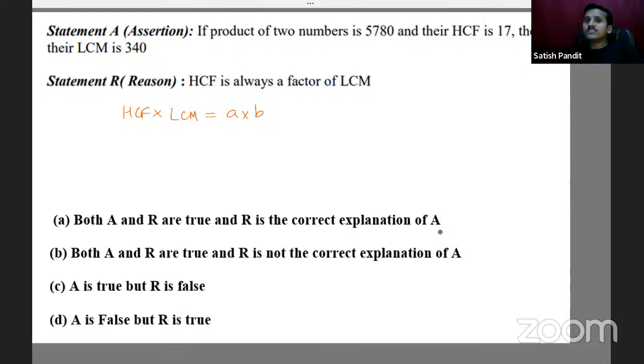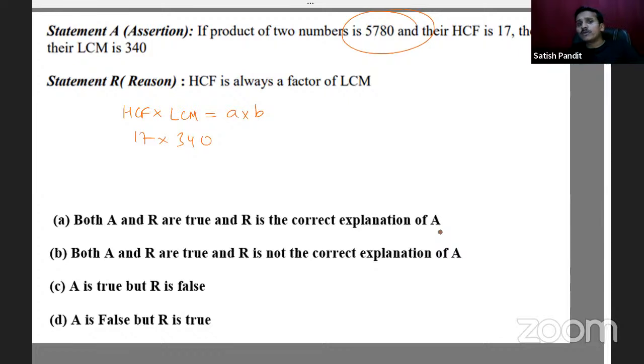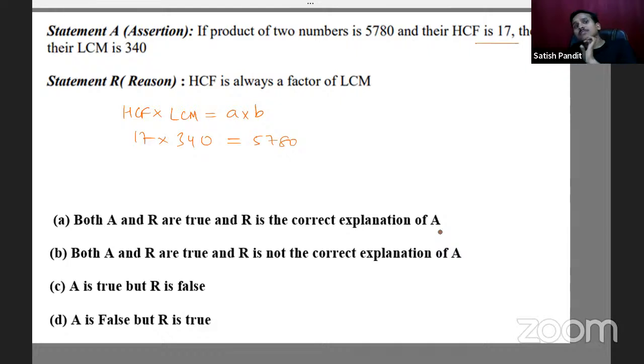HCF of two numbers is 17 and LCM is 340. Now, what is the product of two numbers? It's already given, 5780. Now we'll check whether this is equal to this. If this is equal to this, then it is true. Then only HCF will be this one and LCM will be this one. So let's actually multiply and check.